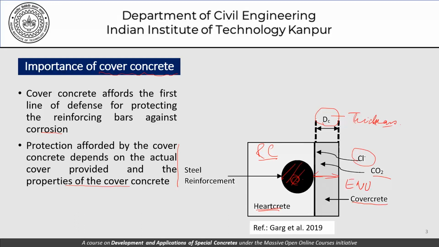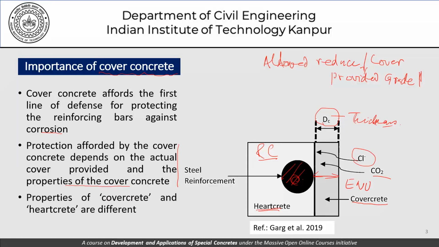In certain specifications, in fact, you are allowed to reduce the cover thickness if the grade of concrete increases. That's a good point to remember: the ultimate protection is provided by a combination of two things, the thickness and the properties. The properties of cover concrete, called covercrete, and heartcrete are different.